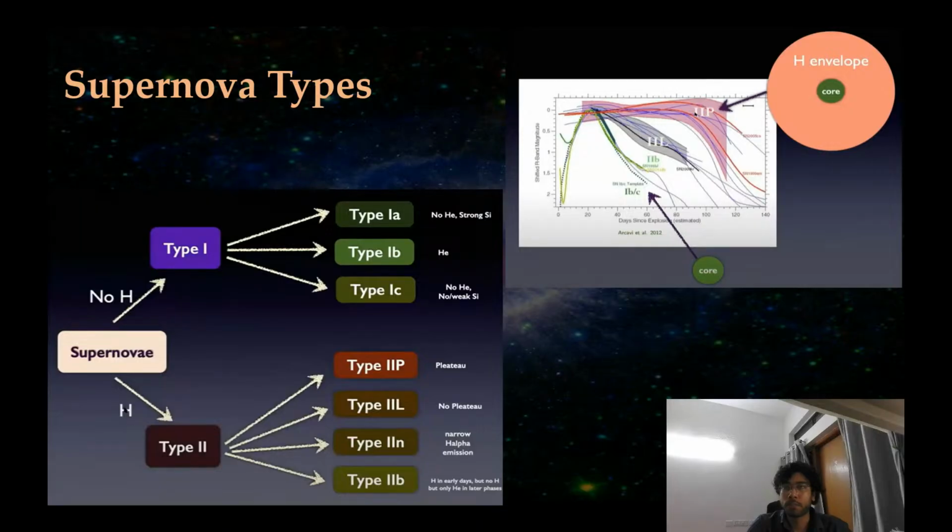But many stars, if they're not massive enough, don't even reach the iron stage. Before that, the gravitational pull of the star becomes so high that the pressure due to these nuclear reactions cannot balance the gravity, and therefore the star will collapse at some point.